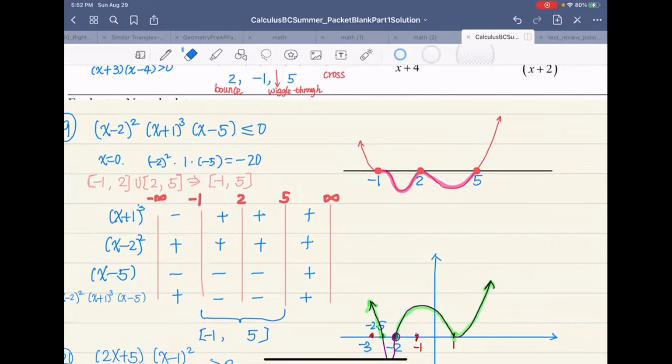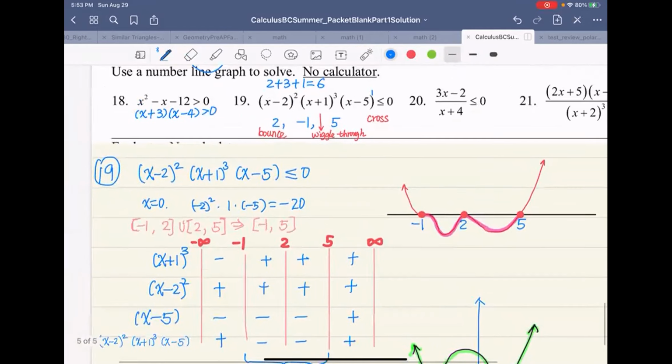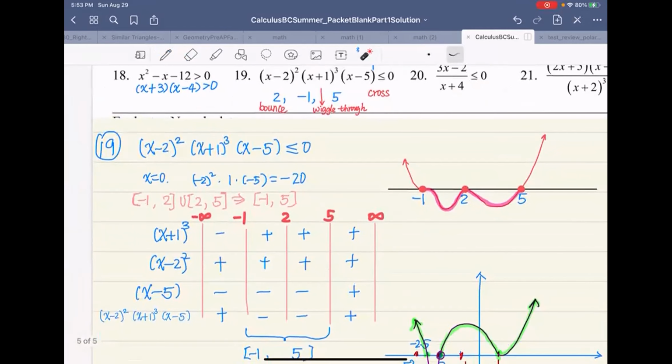After you mark those, what you do next, you are going to look at this. You are going to carry on the factors by who has the lowest roots. X plus 1 has the lowest root of -1. That's why you put this on the very top.